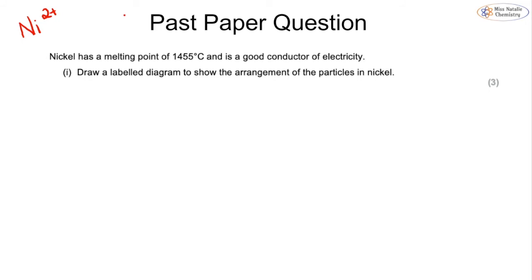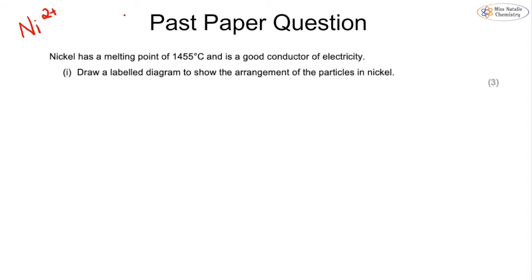And what we want is to show a labelled diagram to show the arrangement of the particles in nickel. So we want our diagram showing at least 2 or 3 rows and at least 2 or 3 columns.